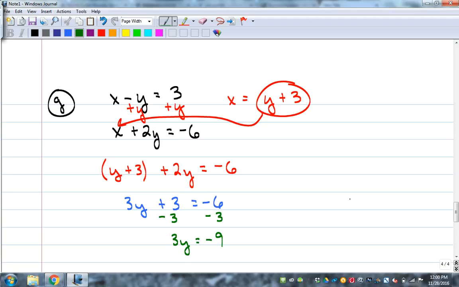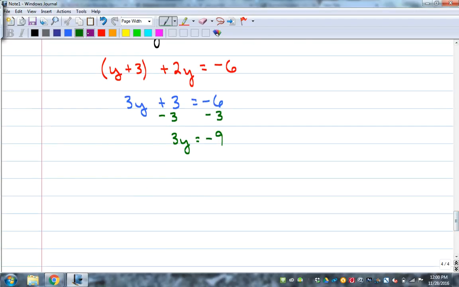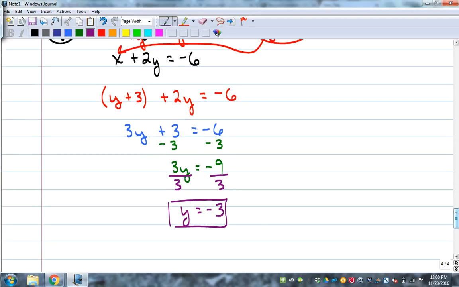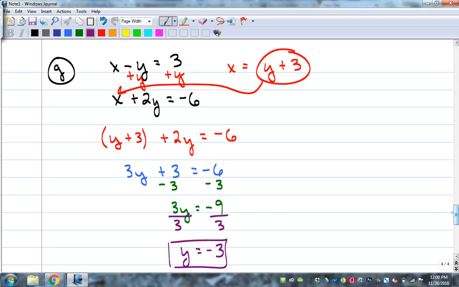So that'd be negative 9. And then Adam said divide by 3. Yeah, so y is going to be equal to negative 3. And then we're going to take that and find the x with it. So we're going to go to that x equation, which is 0. Ordered pair would be 0, negative 3.